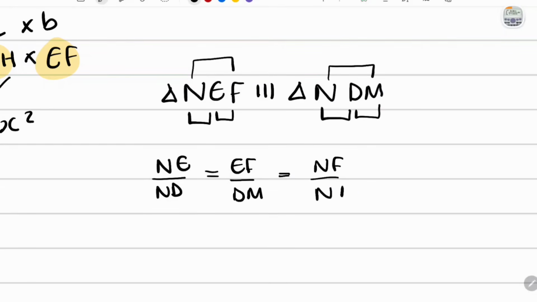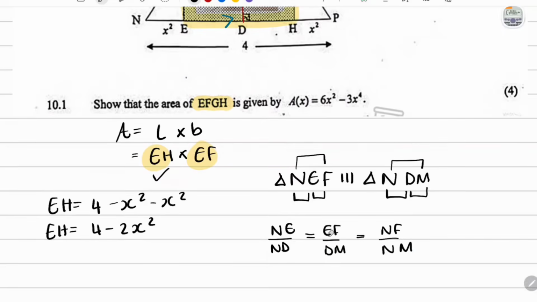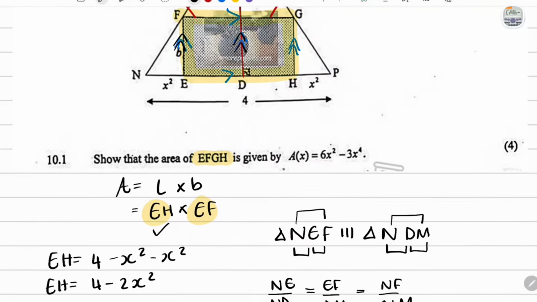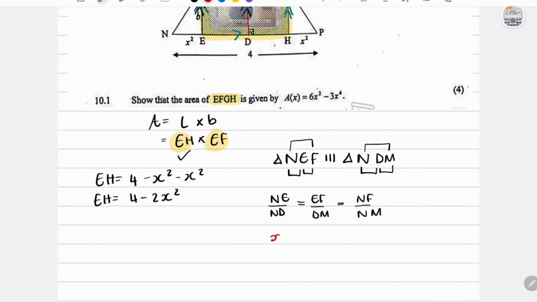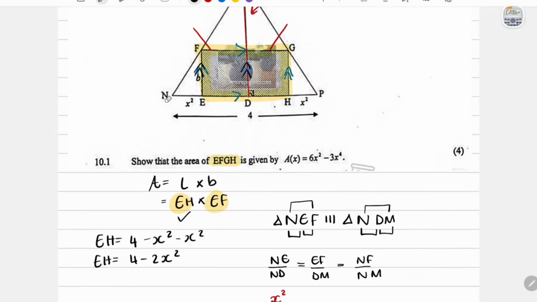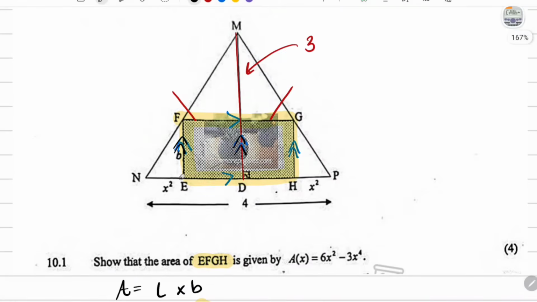Okay, so I'm just going to fill in what we have, and hopefully we'll be able to find FE. We definitely will be, because it's structured like that. So NE is x squared. So we're going to fill that in. That's x squared. And what is ND? Okay, you see I showed you that these two triangles are congruent.